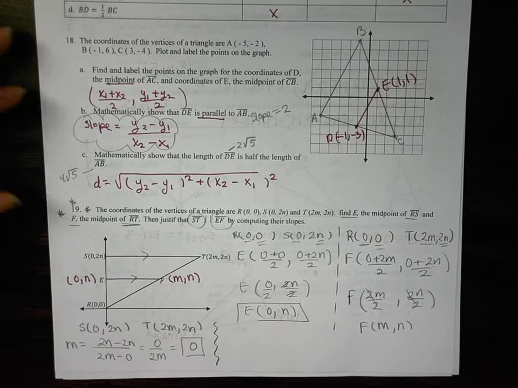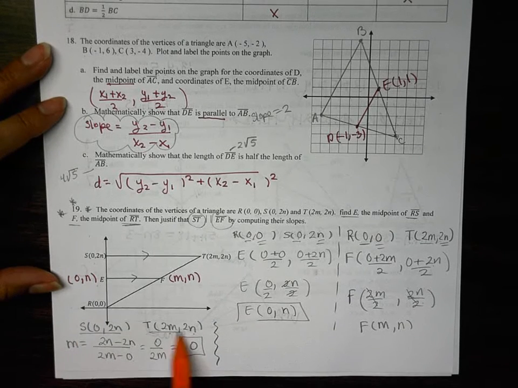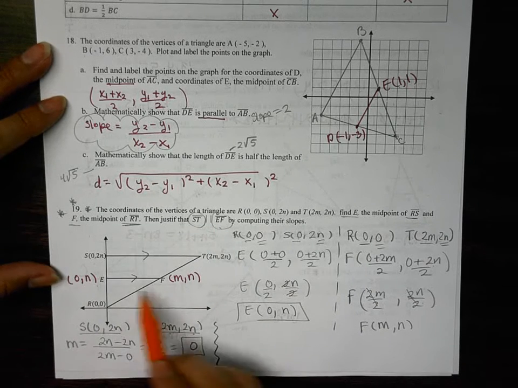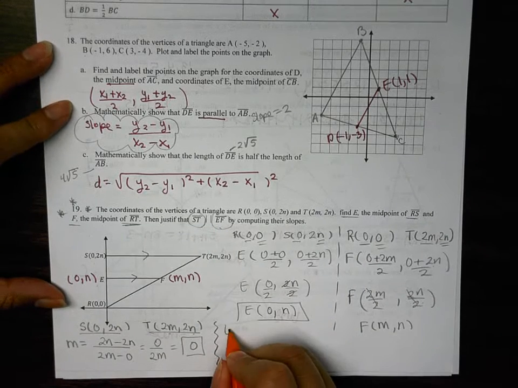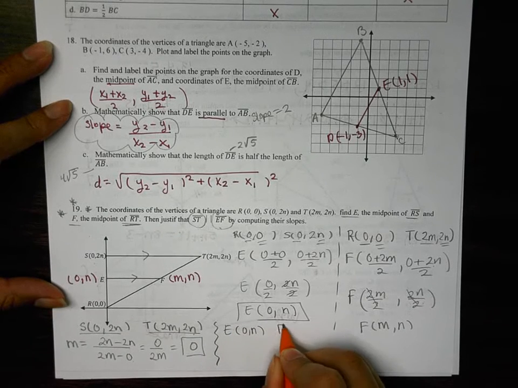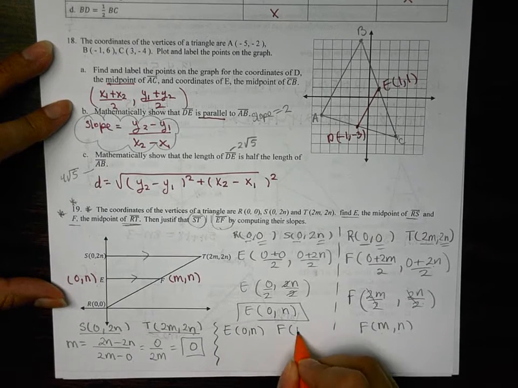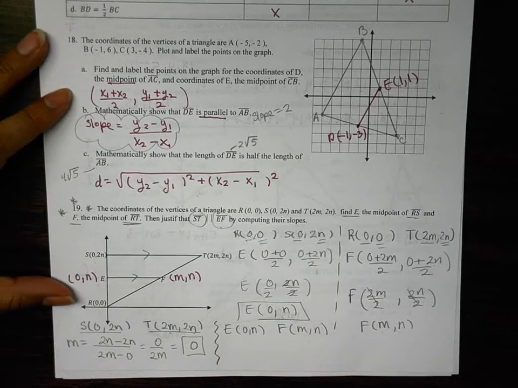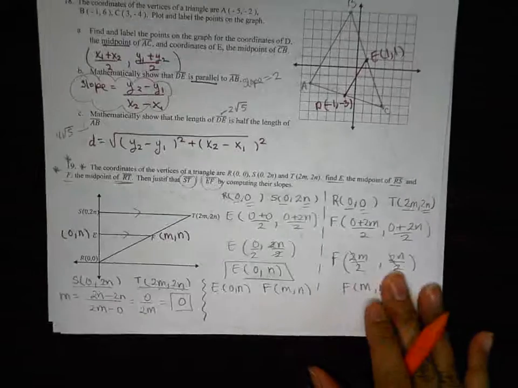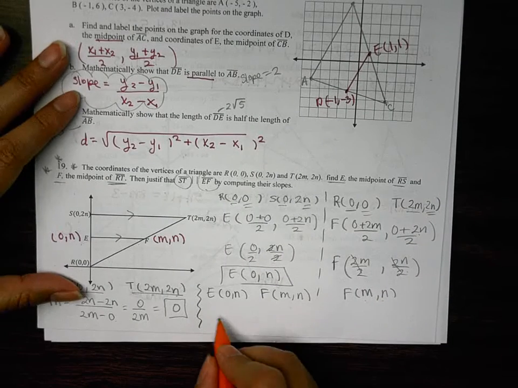All right, I'm going to do it again, but this time instead of S and T, what am I going to use? E and F. And E and F we just found over here. E was (0, n), it's right there. And F was (m, n). And then we do our subtraction. So what do we have?